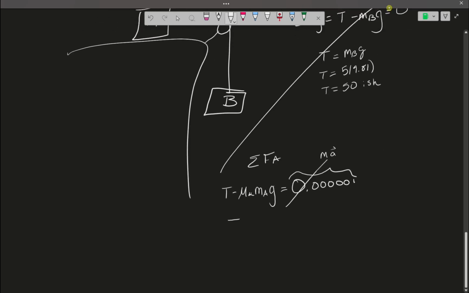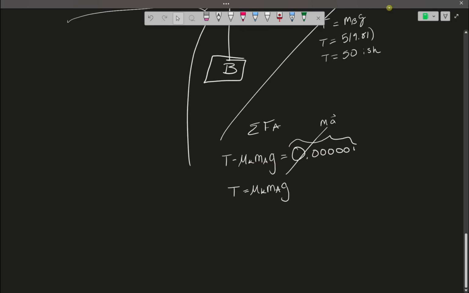So, in order to get this to be any number above 0, even for it to be moving, the tension caused by block B hanging is going to have to be equal to, at a minimum, right?